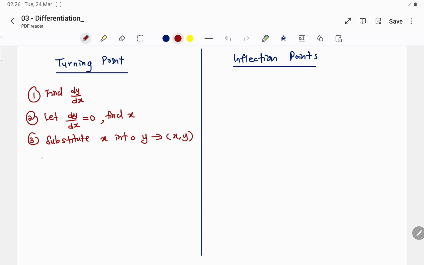After that, what you have to do is the second step, the fourth step, you have to differentiate the second time. After you differentiate the second time, you substitute x inside.